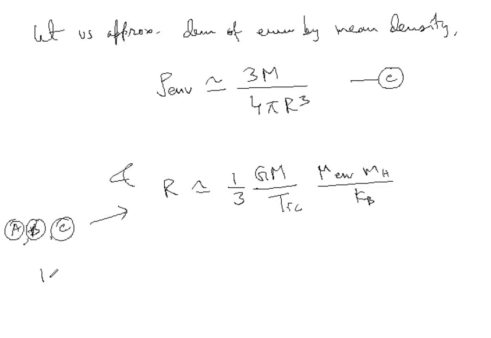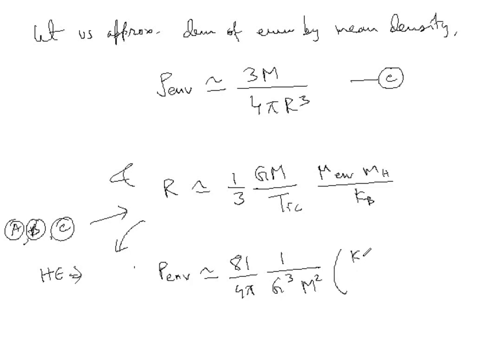which is the hydrostatic equilibrium expression. And this you will see, if we put it back in the hydrostatic equilibrium, this will give us P envelope is approximately 81 by 4 pi, 1 by G cube M square, k_B T_IC divided by mu envelope into m_H, okay, whole to the power 4.